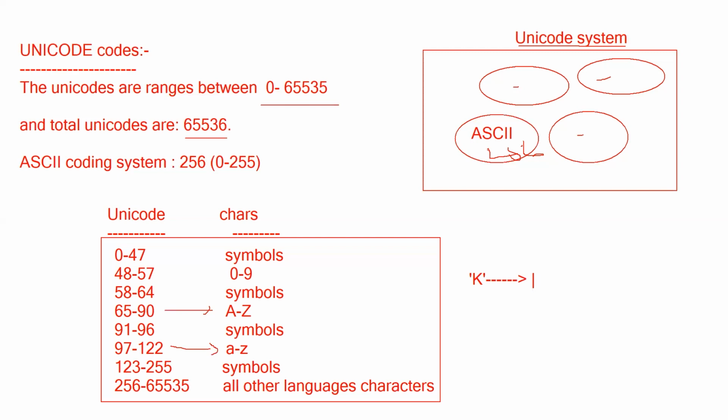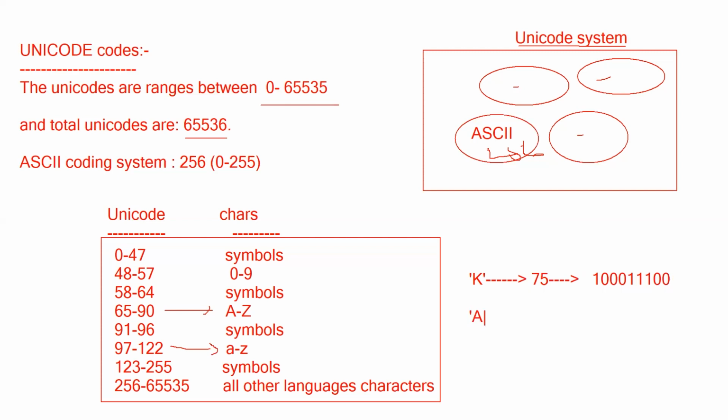The Unicode for K is 75. And if you divide 75 by 2, meaning you are converting into binary form, then you will get the binary number like this.